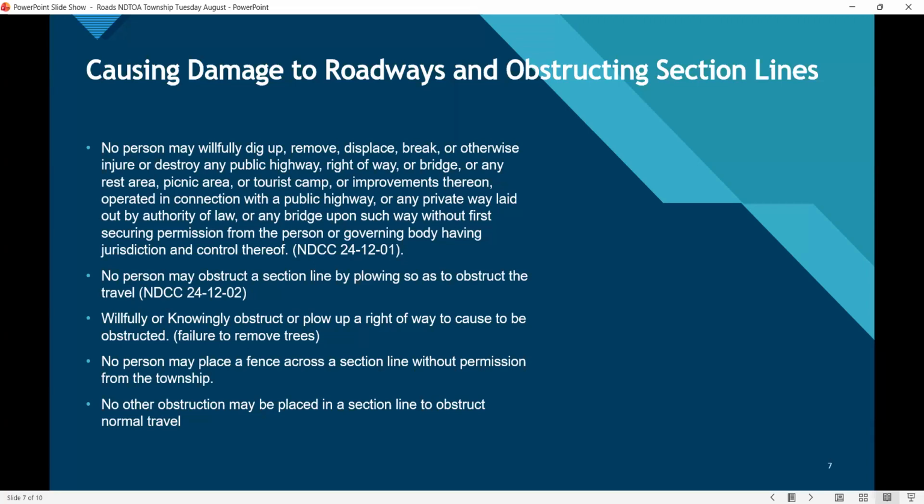If it's so bad that you can't drive down it, you could hire the blade, bill that property owner, and if they didn't pay, likely be able to assess it to their taxes and probably get by that way as well.